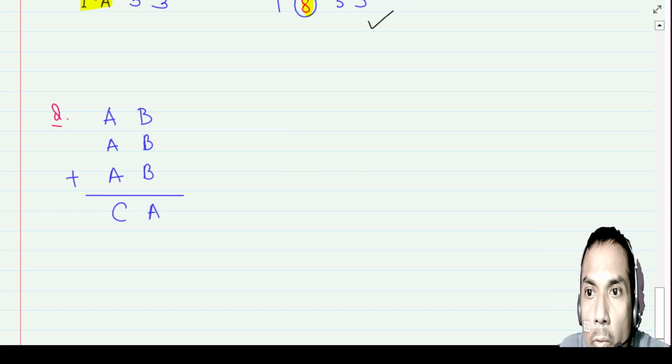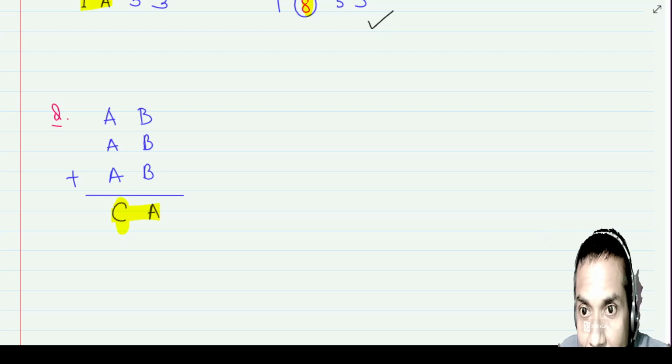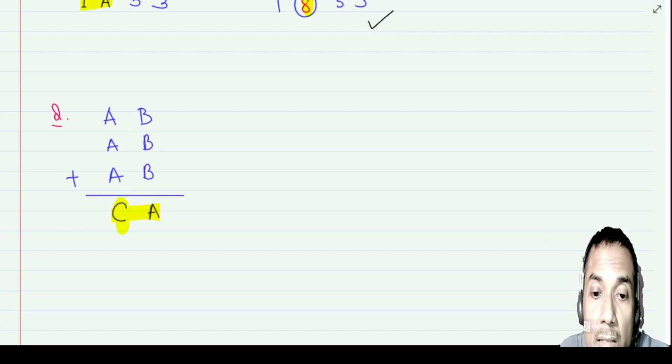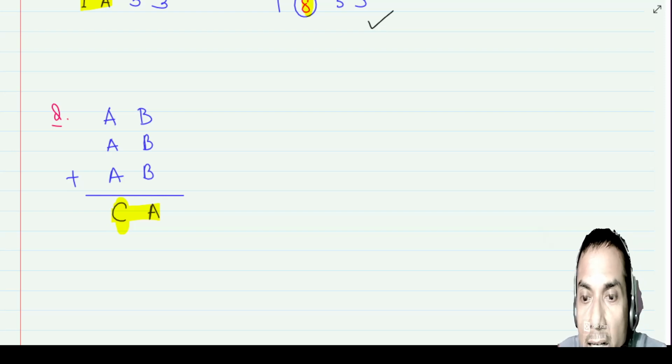So where is the logic? The logic is that here we only get a 2-digit number, a 2-digit number added 3 times, so we get a 2-digit number when it is possible. So if A is more than 3, then what will happen?